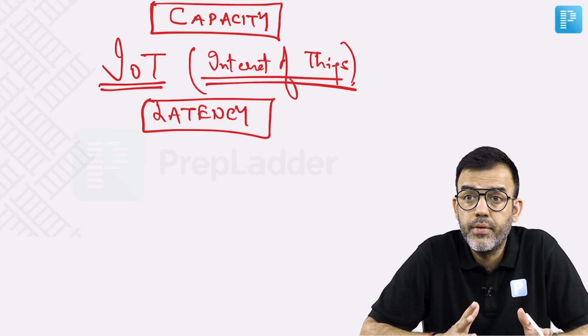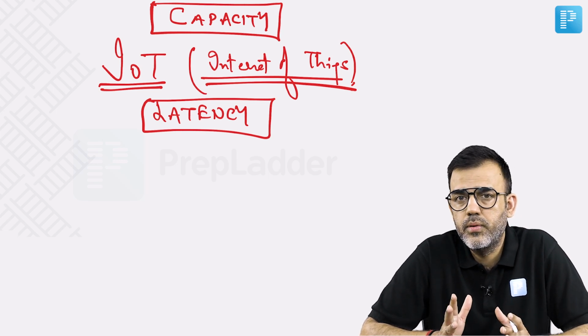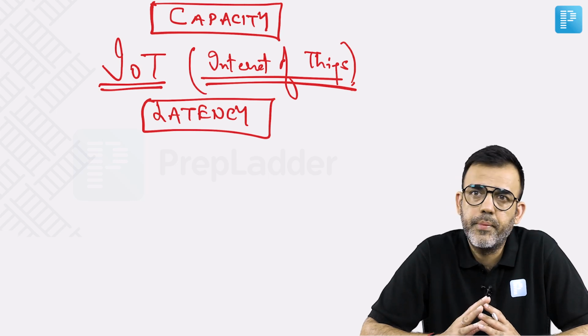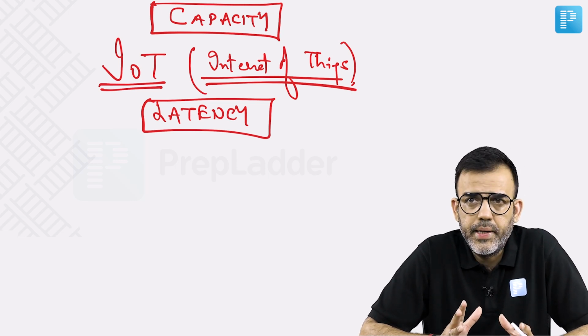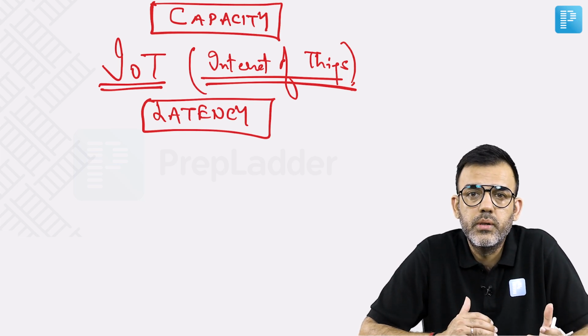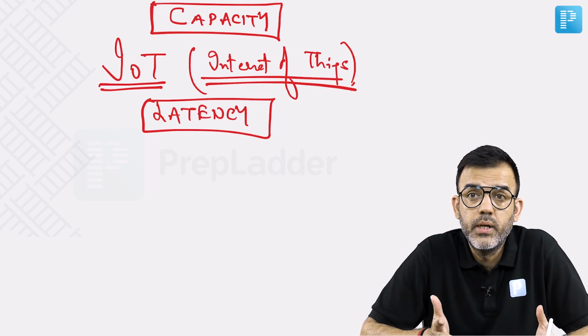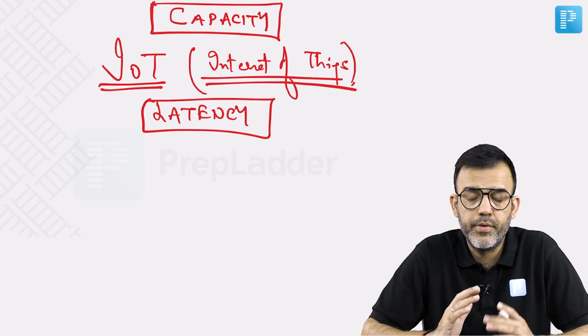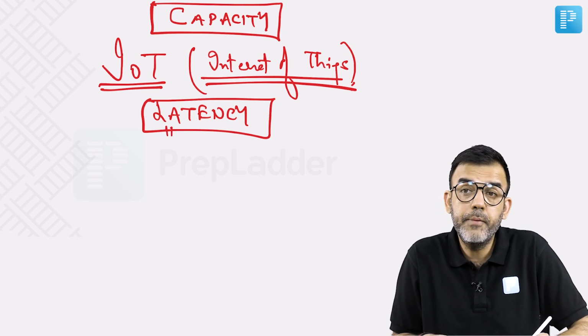Speed is something different, latency is altogether a different concept. Latency is the time it takes for devices to communicate with each other or with the server that is sending them information.